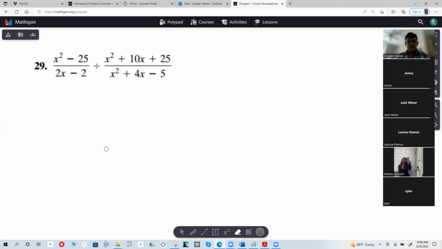Okay, so this one, hopefully, you can now do in your head. The top one is x squared minus 25, which is (x minus 5)(x plus 5). And the bottom on the left, I'll factor out the 2.